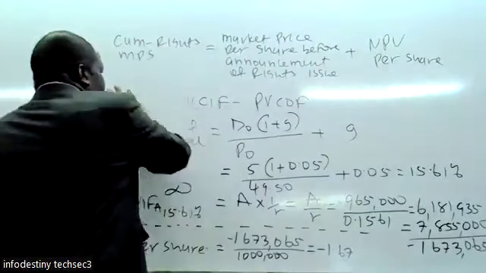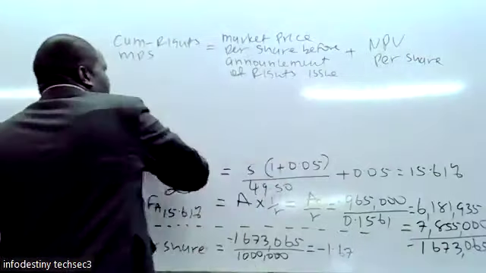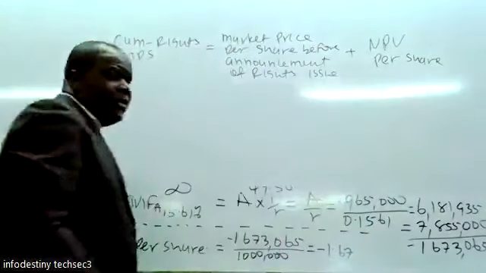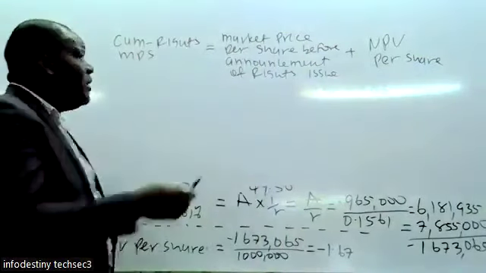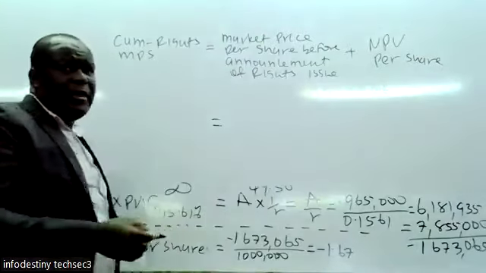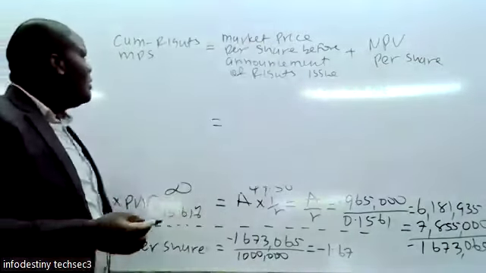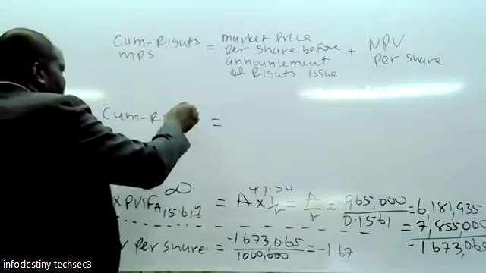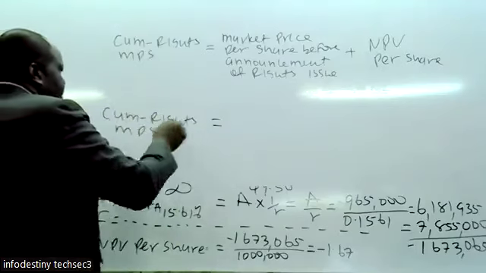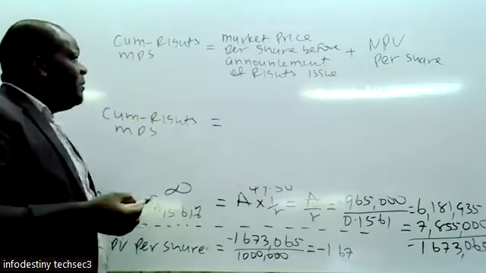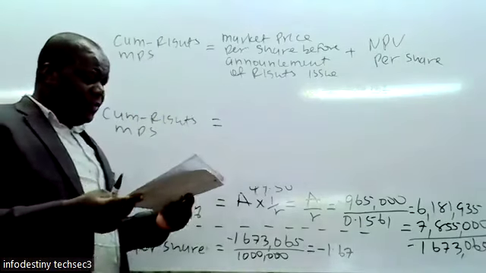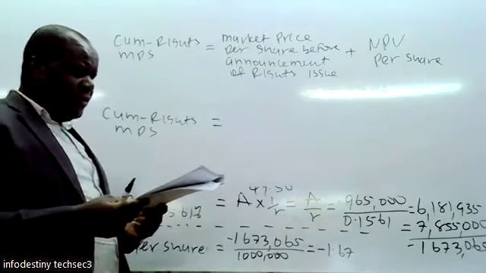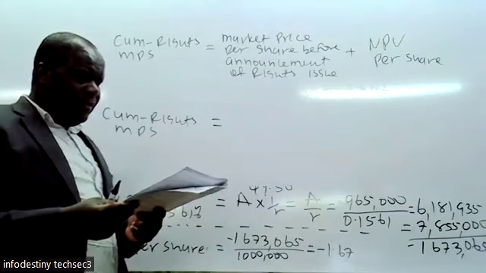You come back to this question to compute the cum-right market price per share. It is supposed to be given by the market price per share before announcement of the rights issue, which is the same as the current price, given as 49.50.